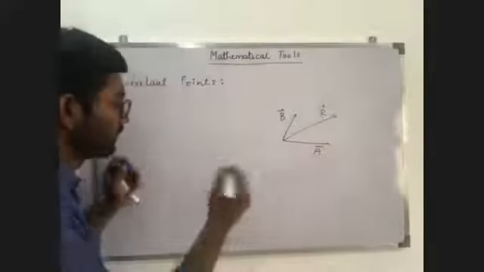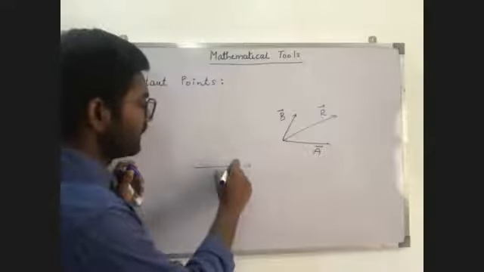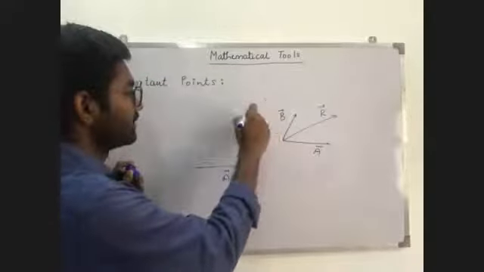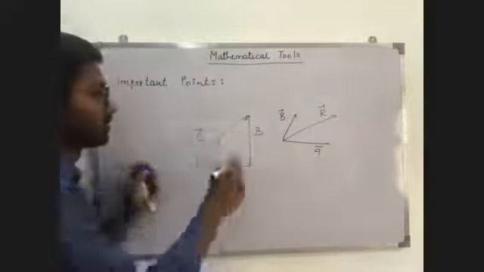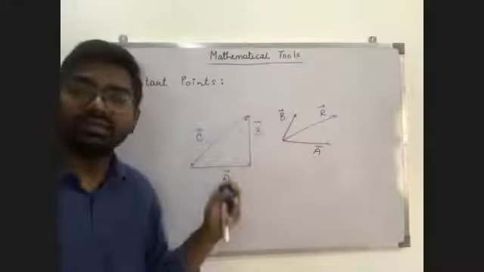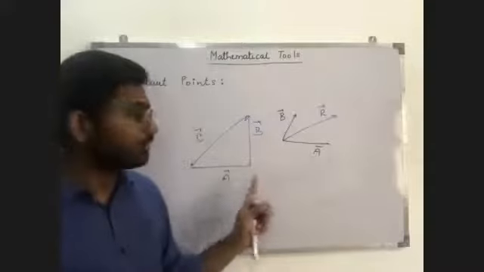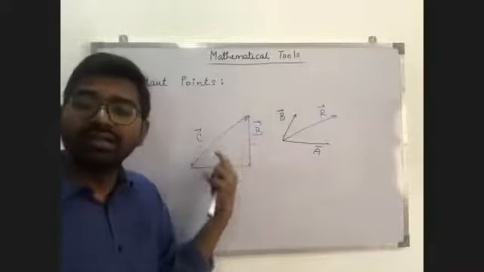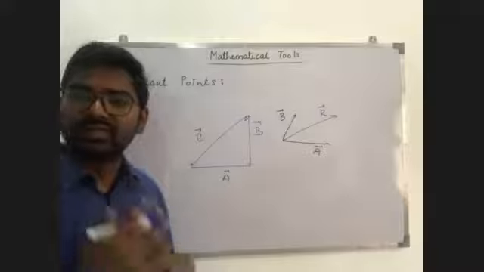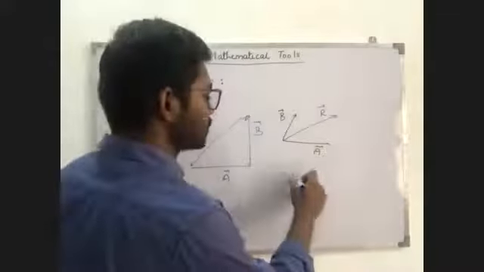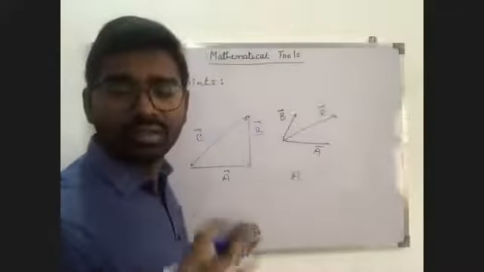Let's suppose this is vector A, this is vector B, and this is vector C. All these three vectors are in the plane, and if their magnitudes are not equal, then this minimum is required so that their vector summation is 0. They are saying that non-equal means unequal vectors.